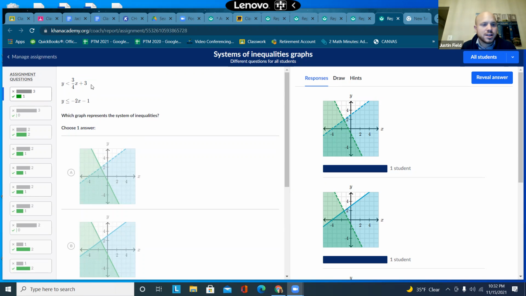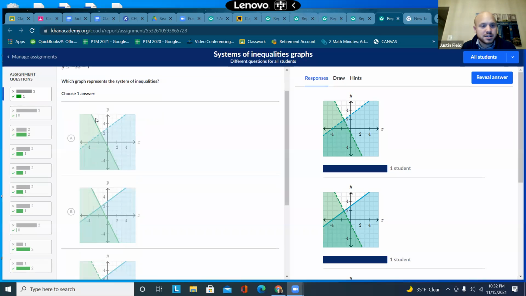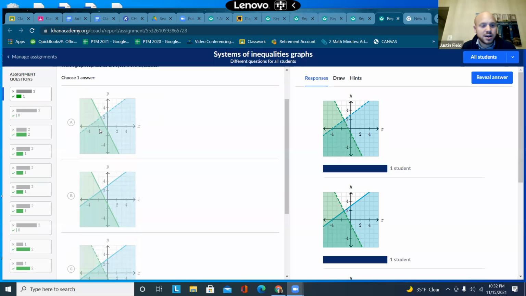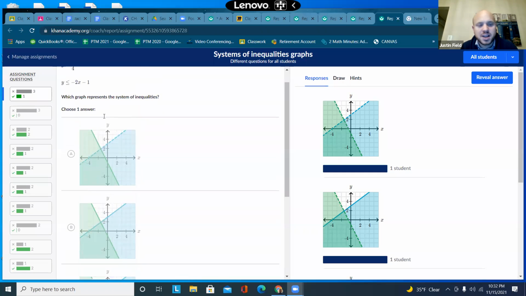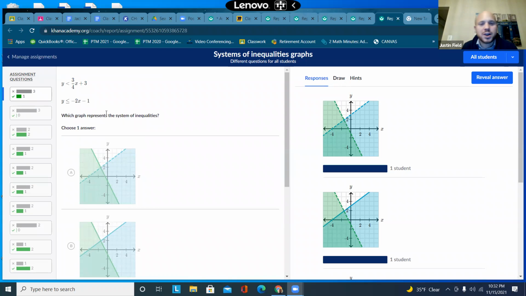The one with the y-intercept of 3 should have a dashed line, and the one with the y-intercept of -1 should have a solid line. I can see that happens right here. That's the only one. But like I said, we don't want to go by that, even if it's 10:32 at night. We want to graph it.